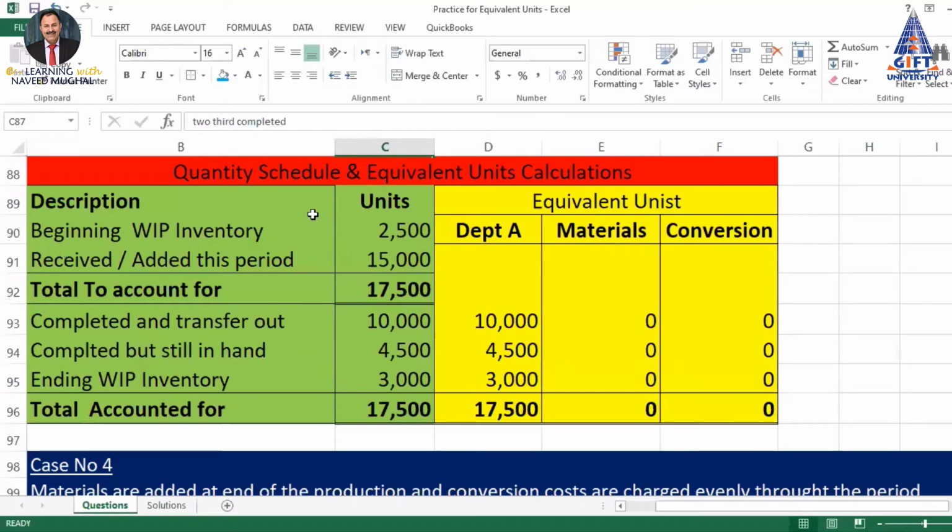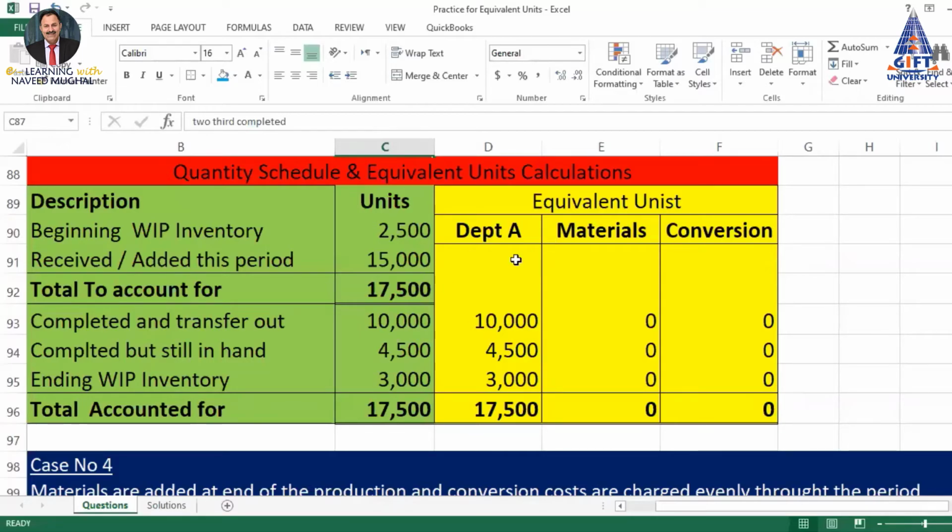So we will have a quantity schedule like we calculated in the above table. Beginning work in process 2,500, received this period 15,000, total 17,500, completed 10,000, and incomplete in hand 4,500, and work in process ending inventory is 3,000.